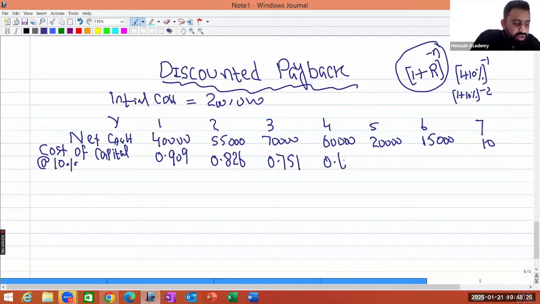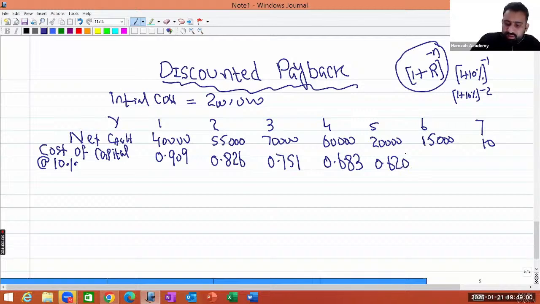Then 0.683 for year 4. And for year 5, it will be 1.1 raised to power 5, 0.620.